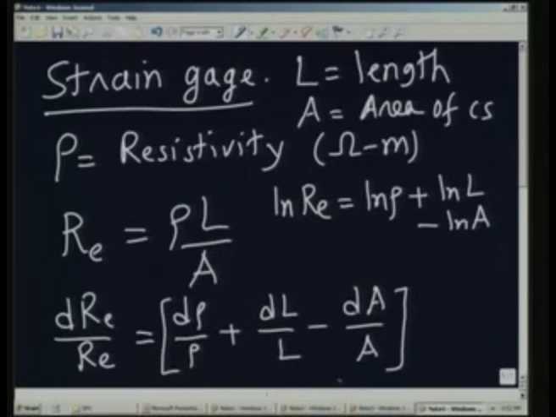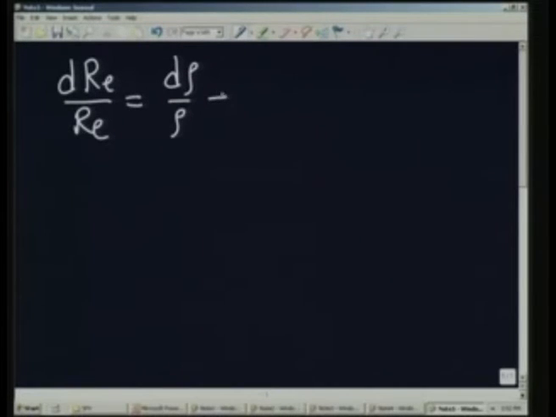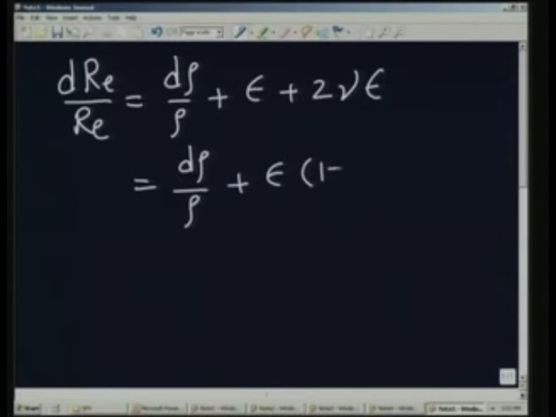So, all I have to do is to introduce these two into that equation, and you will see that dRe by Re equals d rho by rho plus dL by L is epsilon, plus 2 nu epsilon, or I can write as d rho by rho plus epsilon into 1 plus 2 nu.